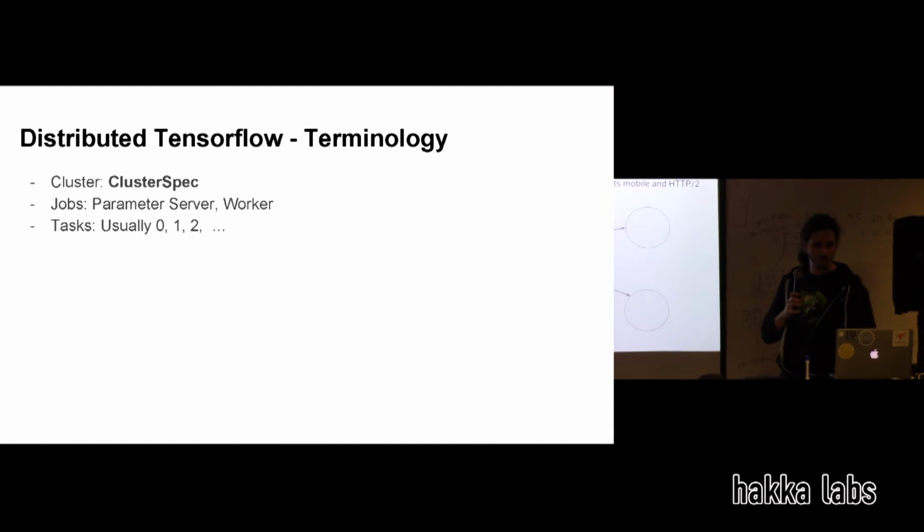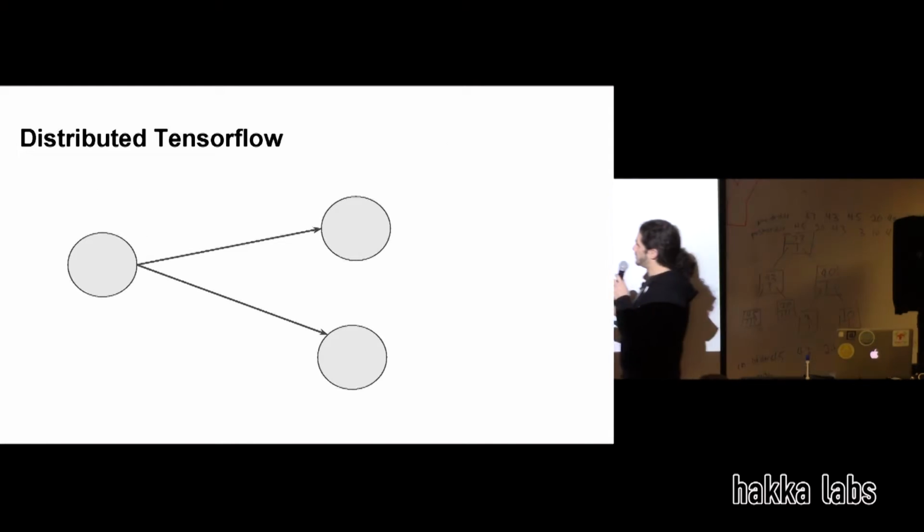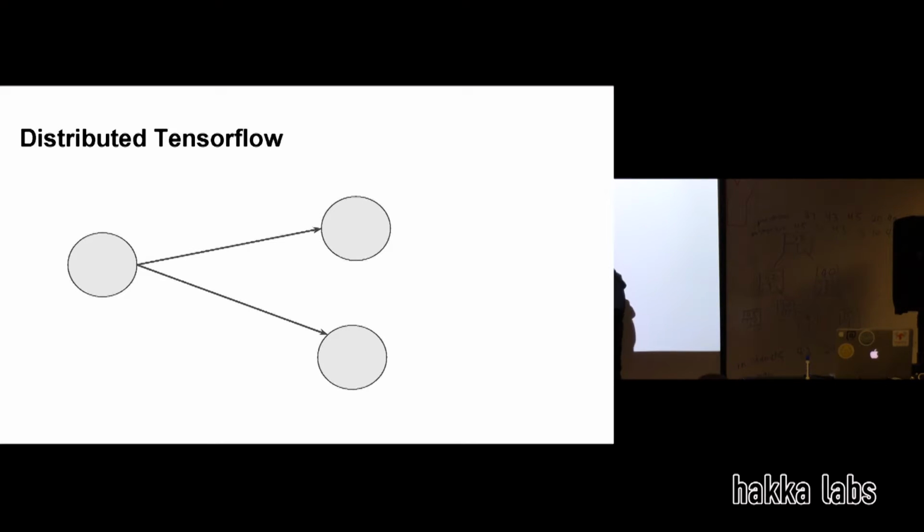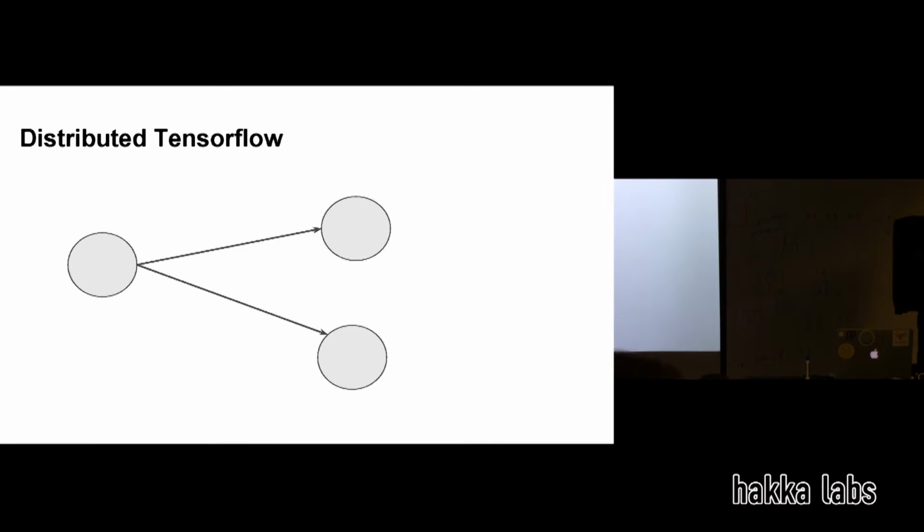Imagine you have this three-node cluster, and you have your graph, and you want to compute one step of your feed-forward neural network. We will move the data and the graph to the different nodes, compute, do the gradient descent step on the two different parallel nodes, and aggregate back the gradients.